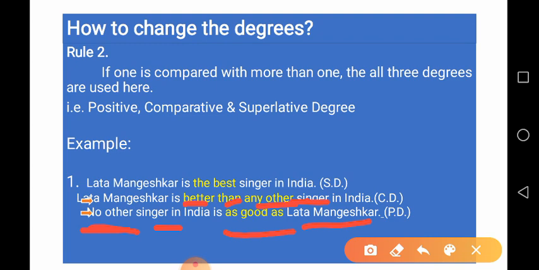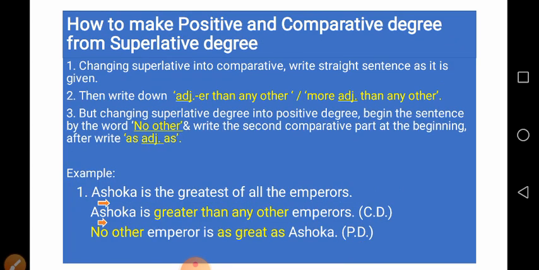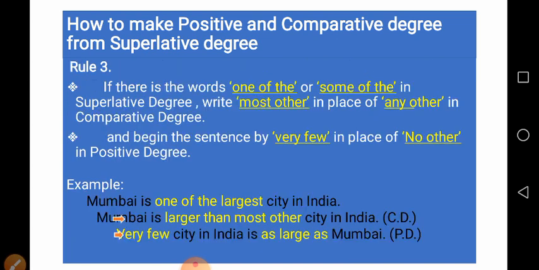So this is the positive degree of Lata Mangeshkar is the best singer. Okay. Have you understood, friends? Now, see, here is rule number 3.